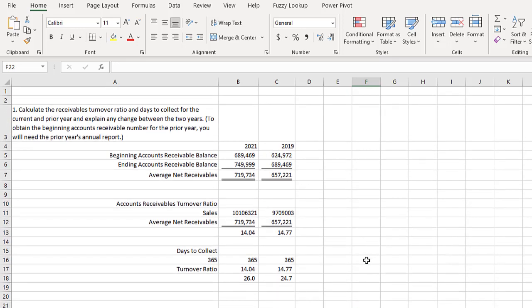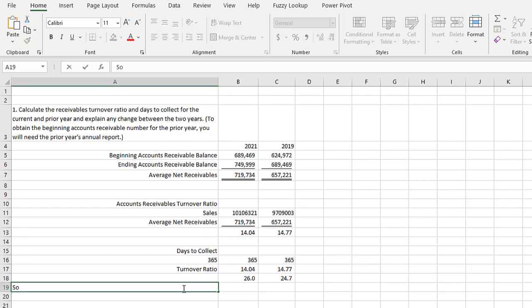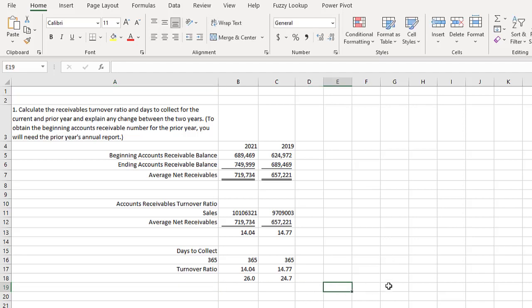Explain any change between the 2 years. Okay, so I'm just going to put my explanation. Where should I put it? Maybe right here.